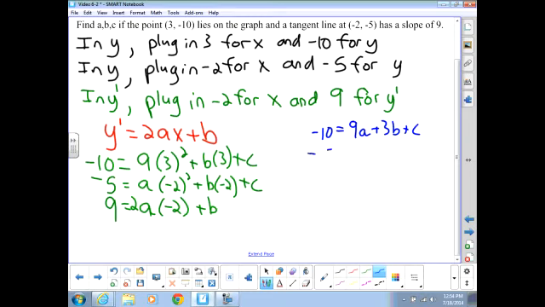Then we've got -5 is equal to -2 squared is 4, so we'll have 4a minus 2b plus c. And then we have 9 is equal to -2 times 2, which will give us -4a plus b.